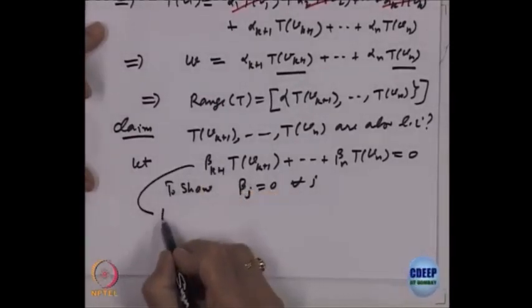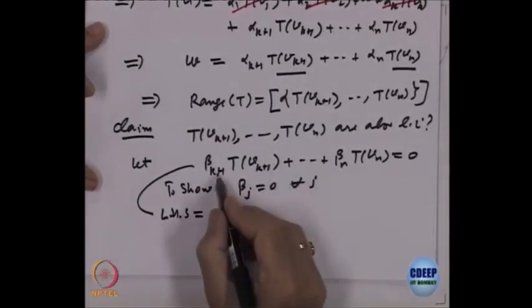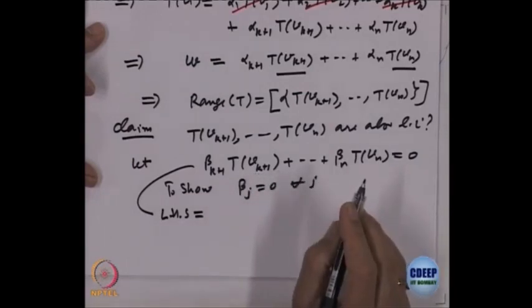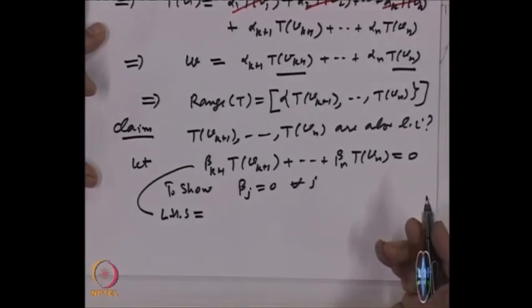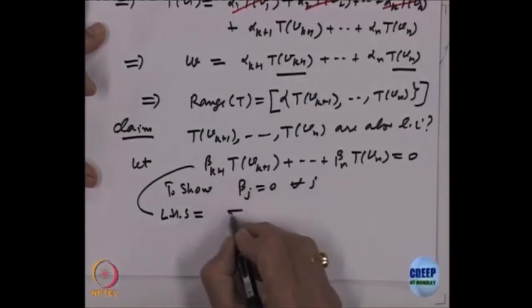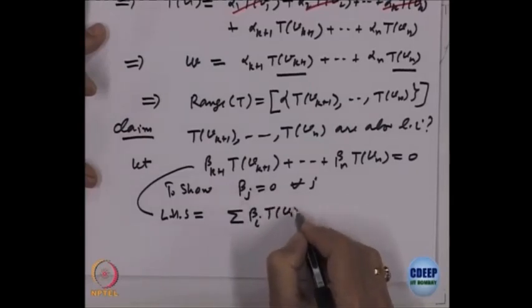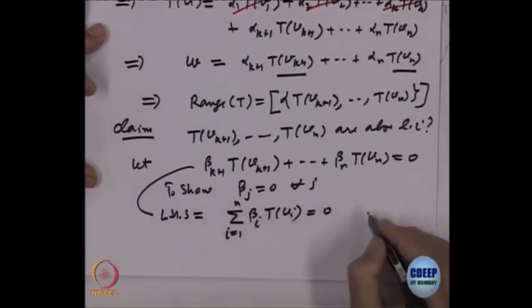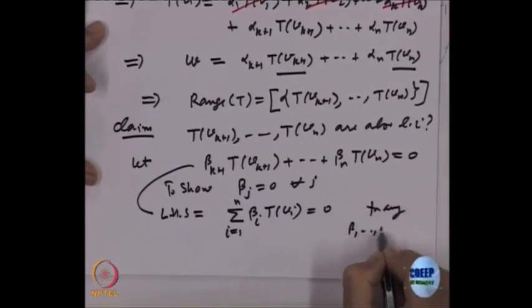okay. So, let us look at the left hand side of this, okay, I add to it T of V 1, T of V 2 and T of V k, all of them, because they are all 0, right. So, it says sigma beta i T of V i, i equal to 1 to n, equal to 0, okay, for any beta 1 up to beta k.